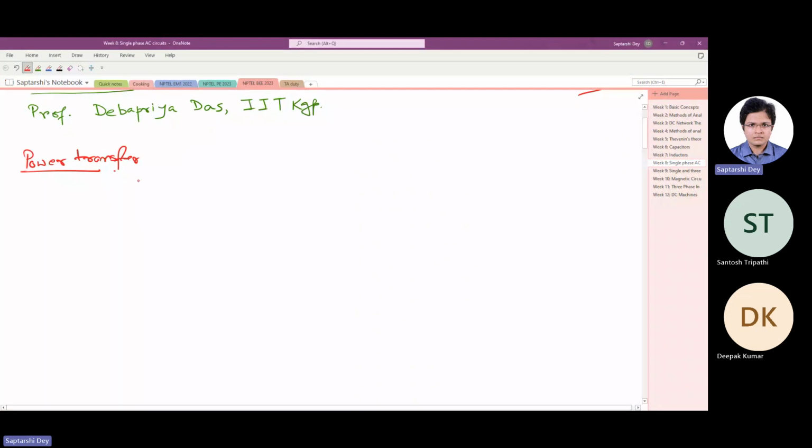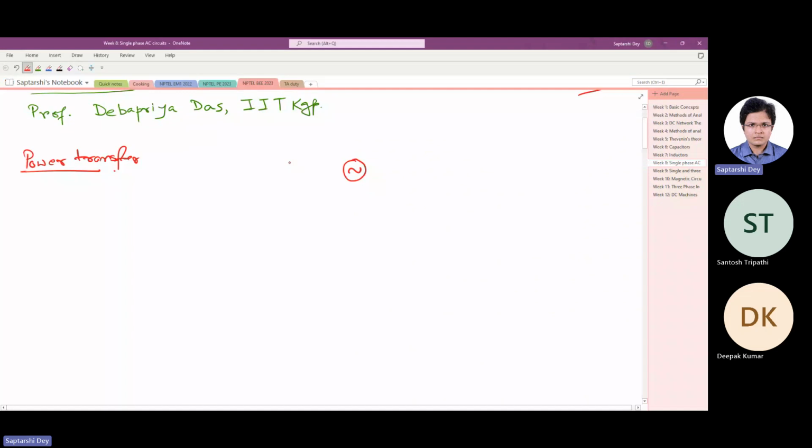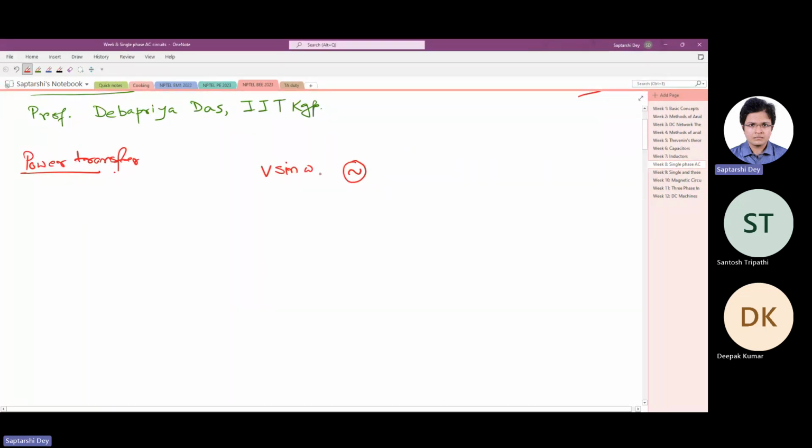Since we are now talking about AC, our circuits will have frequencies also. Say I have an AC voltage source, which is giving a voltage of V sine omega 1 t.